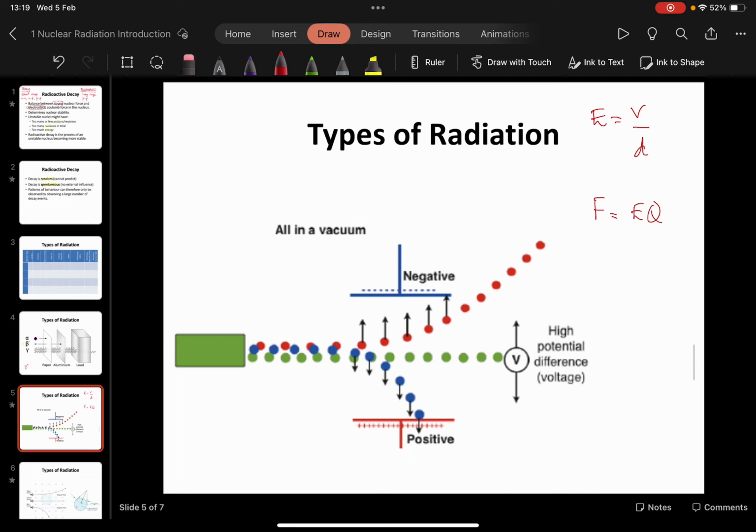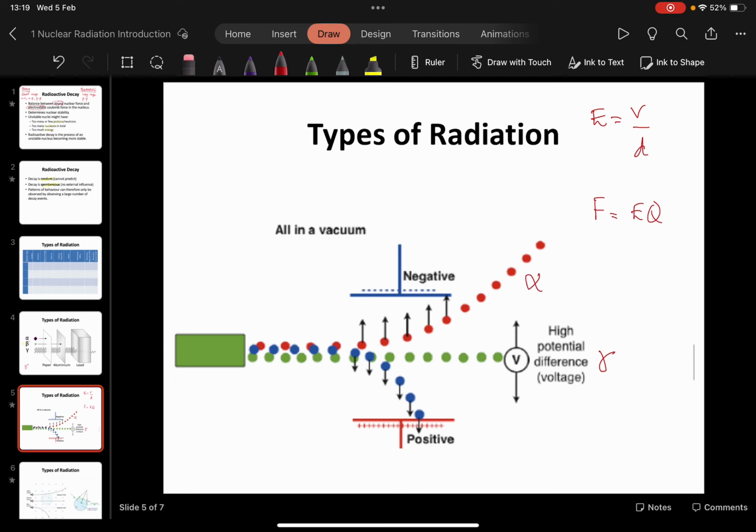So we would deduce that this green dotted trajectory is the gamma, because it's undeflected, so it cannot be experiencing an electric force, so it must have 0 charge. That's consistent with gamma.